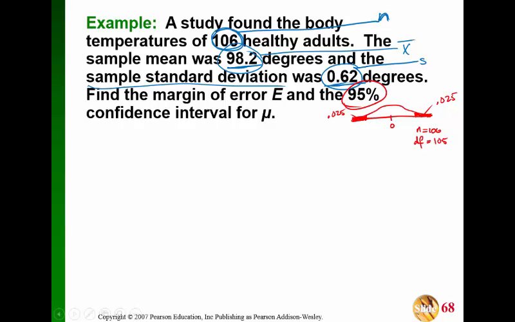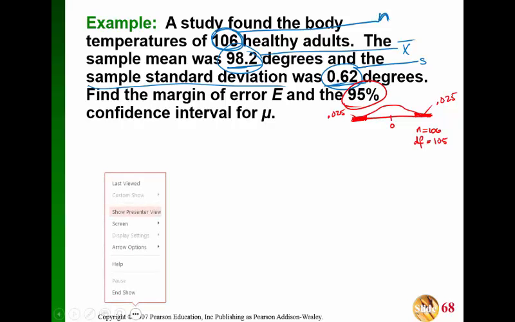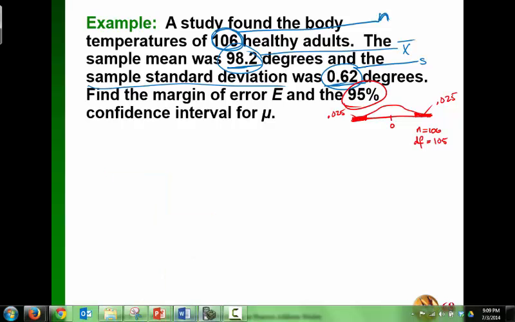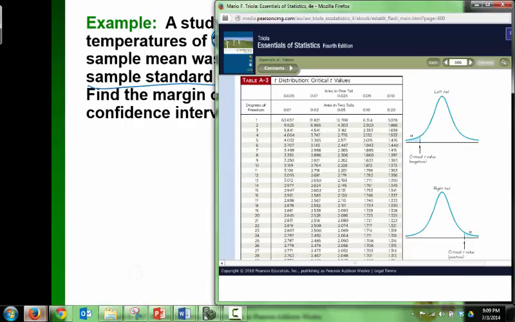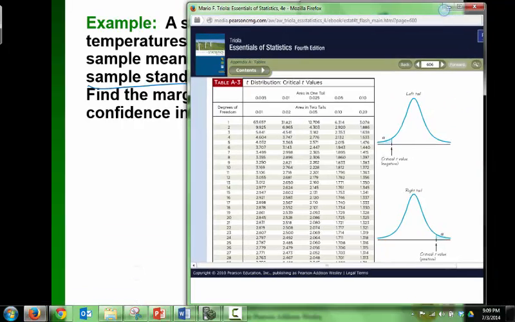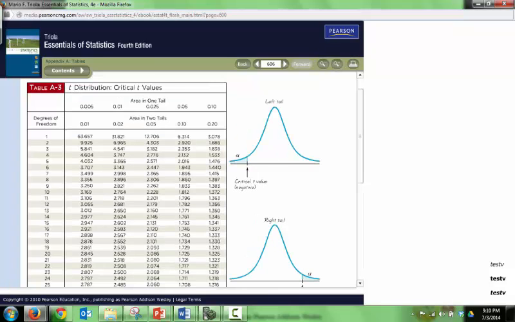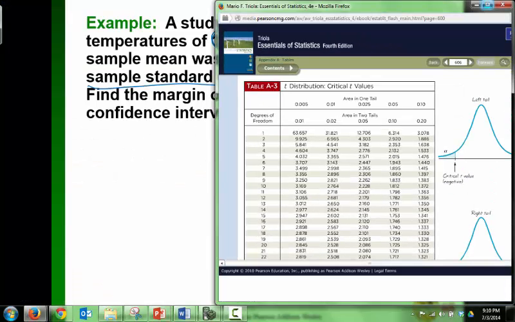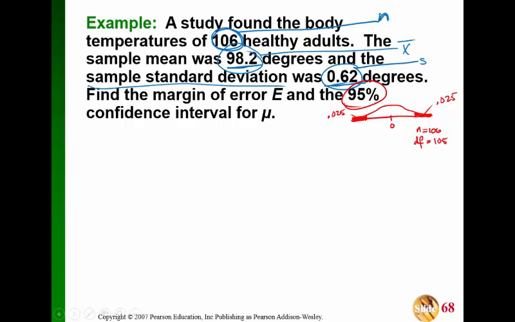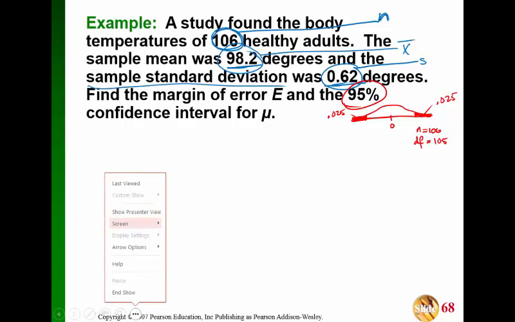So these are the things that we're going to look for in our table. So let's take a look at our table.